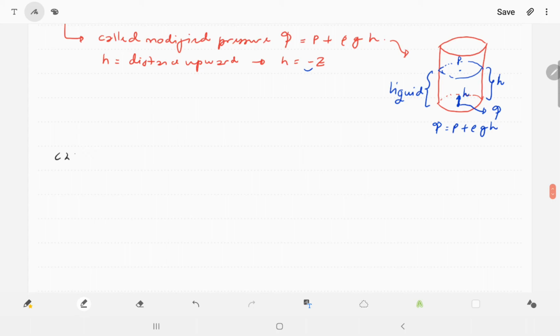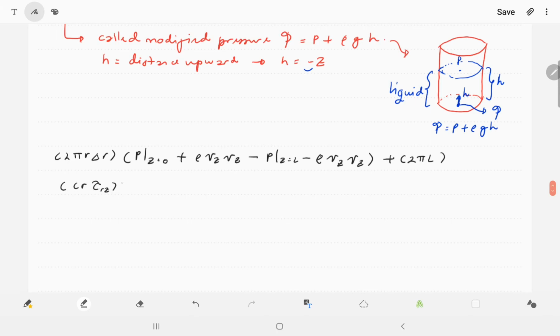So let's continue. 2 pi r delta r, z equals 0, plus 2 pi l, r tau rz at r minus r tau rz at r plus delta r, plus 2 pi r delta r l rho g equal 0.